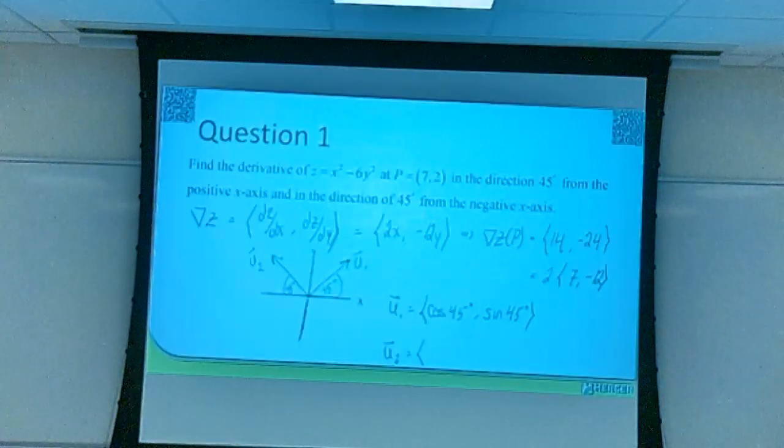So why would you say negative cosine 45 degrees and sine 45? It's because of reference angles, right? Not using reference angles, it'd be cosine of 135, which is 180 minus 45. That'd be cosine 135 and sine 135. And then using reference angles, it's exactly negative cosine 45 and sine 45.